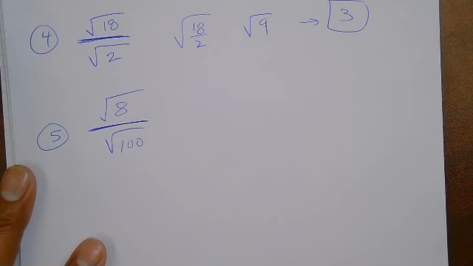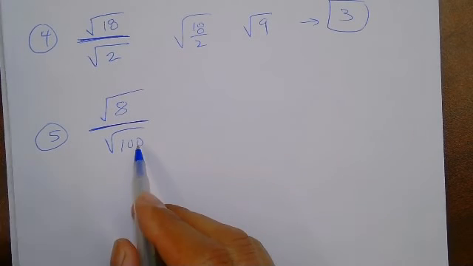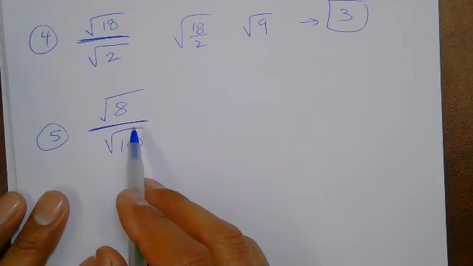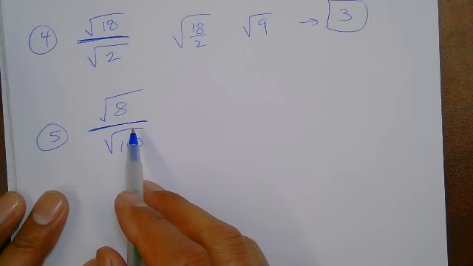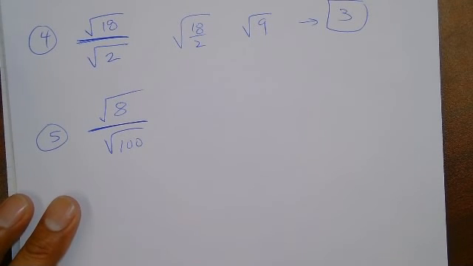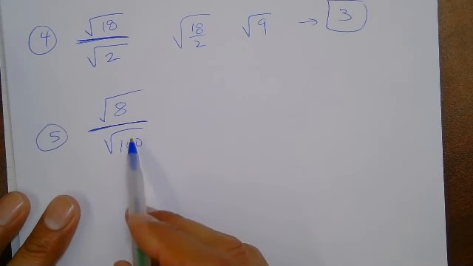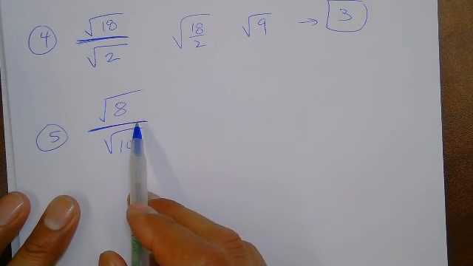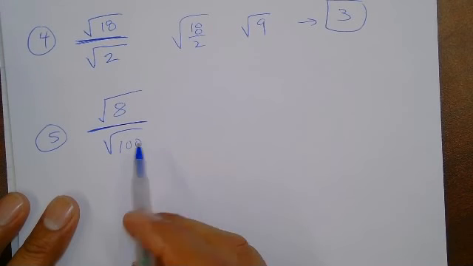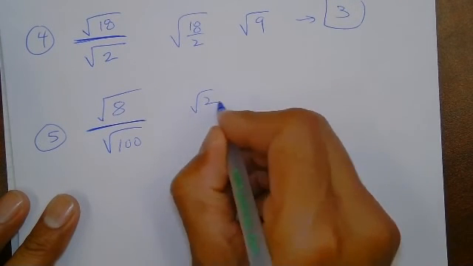Can 8 and 100 reduce? By 10? 10 doesn't go into 8. Oh, yeah, you're right, 100 is a perfect square. Actually, did you guys reduce by 4?